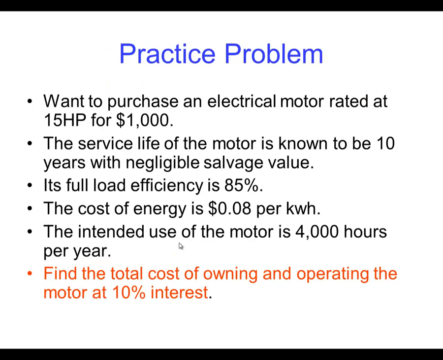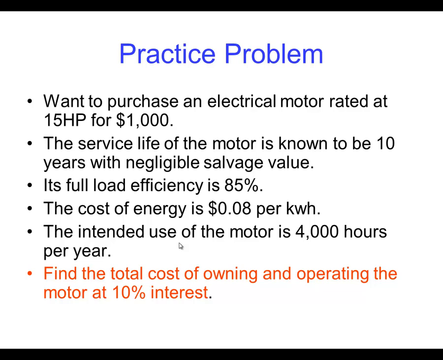Another example: a company wants to purchase an electrical motor rated at 15 horsepower for $1,000. The service life of the motor is known to be 10 years with negligible salvage value. Its full load efficiency is 85%.